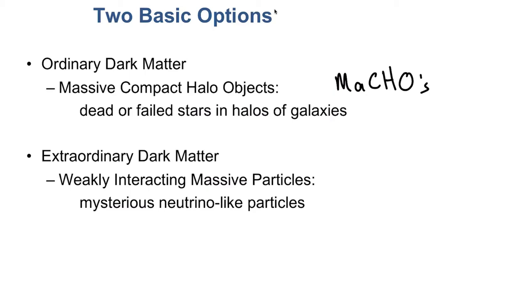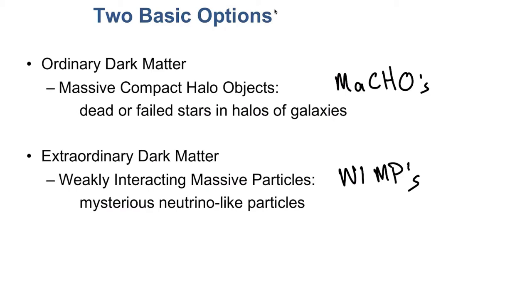But what if there were another kind of particle that we haven't yet discovered that is massive, and there are a lot of them out there, that could potentially explain this phenomenon? And of course, these are known as weakly interacting massive particles, or WIMPs. So this is a contest between the MACHOs and the WIMPs.